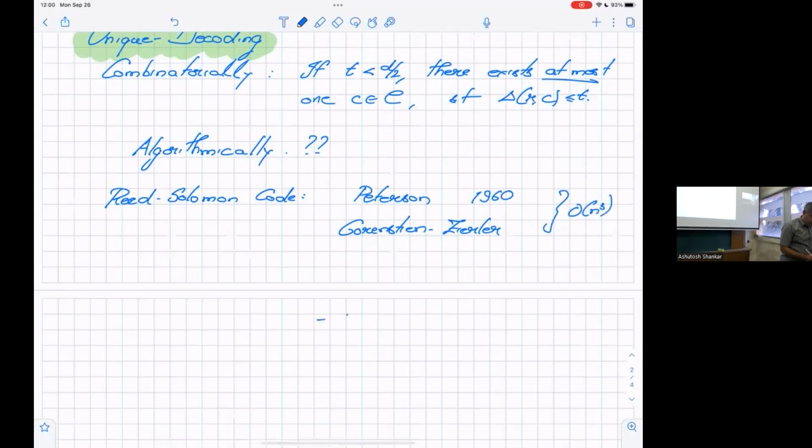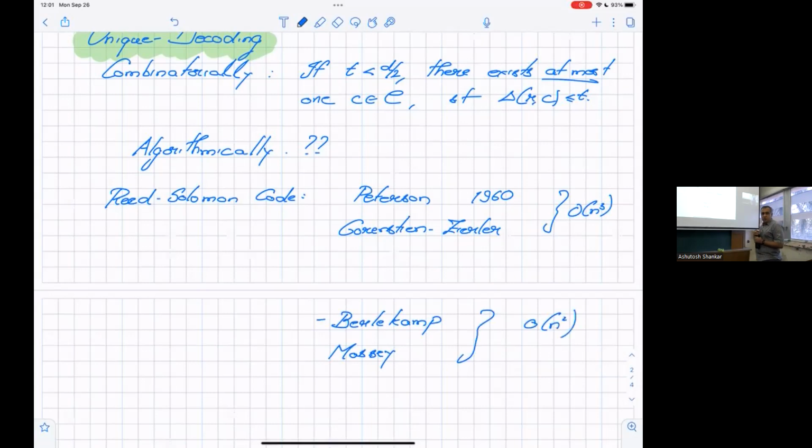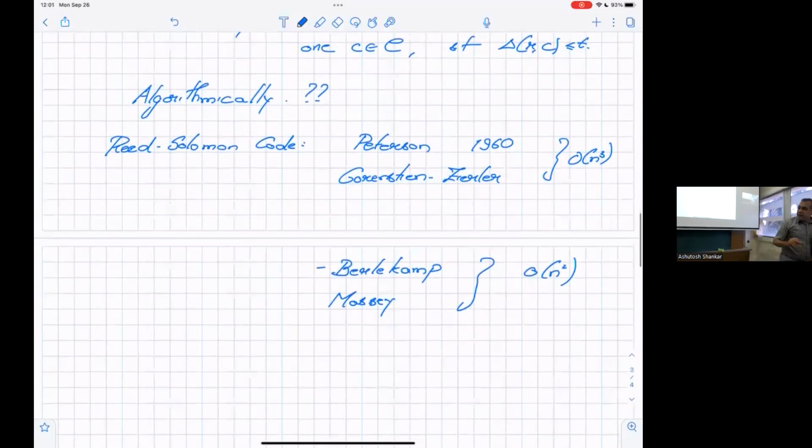Then Berlekamp and Massey independently gave a sort of quadratic time algorithm for this problem. This is commonly called the Berlekamp-Massey algorithm. It's two different papers, but it's now referred to commonly as the Berlekamp-Massey algorithm.